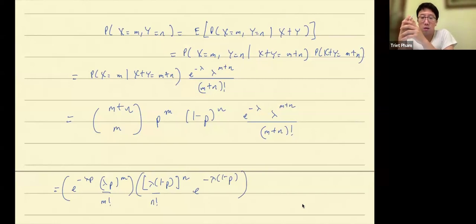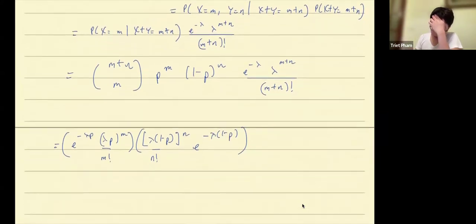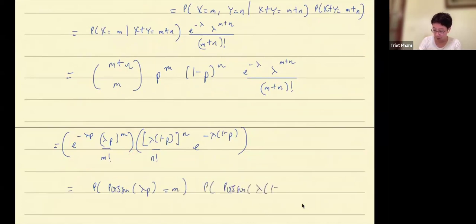And you see that this is it, because we recognize that this is the probability of a Poisson lambda P equals M. And the other one is the probability of a Poisson lambda 1 minus P equals N.